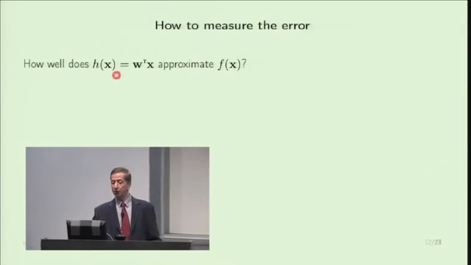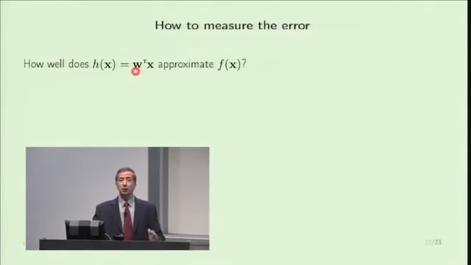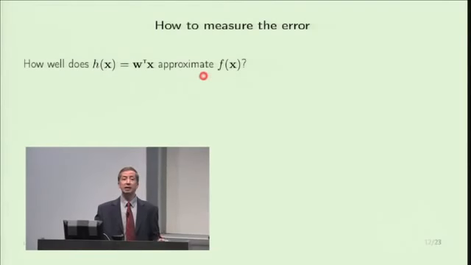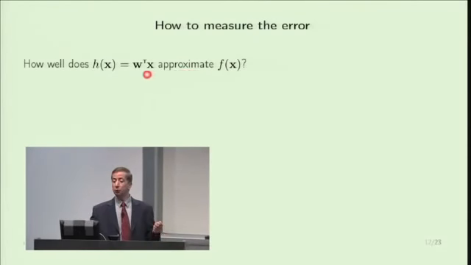These weights are going to determine what hypothesis you get. Some hypotheses will approximate F well, some hypotheses will not. We would like to quantify that to give guidance to the algorithm in order to move from one hypothesis to another. So we will define an error measure, and the algorithm will try to minimize the error measure by moving from one hypothesis to the next.